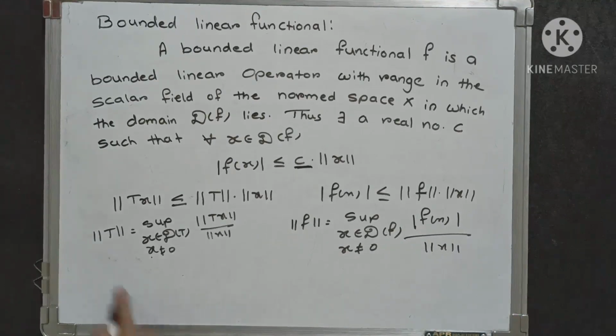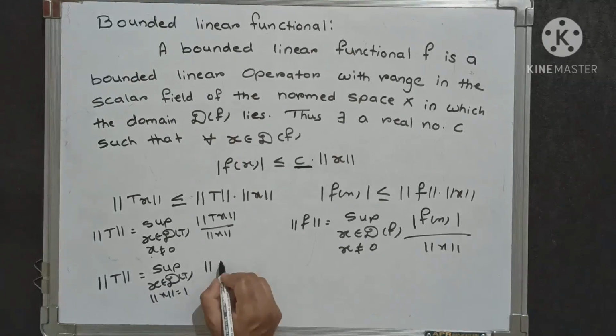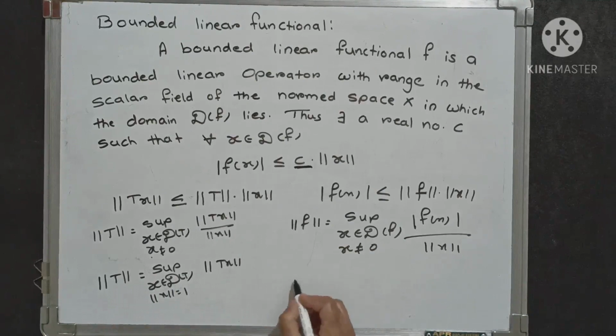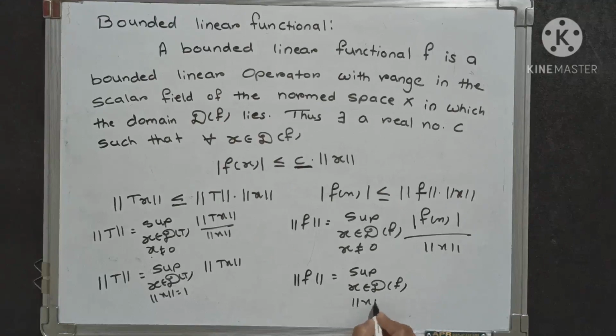Now in the same way, another formula for the norm of T is that norm of T equals the supremum over x belongs to D(T), norm of x equals to 1, of norm of Tx. In the same way, the formula for norm of f becomes norm of f equals the supremum over x belongs to script D of f, norm of x equals to 1, of mod of f of x.